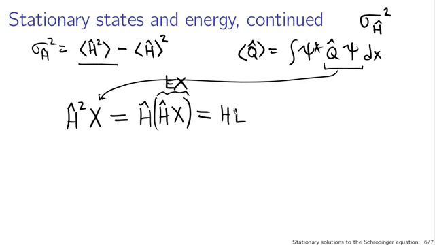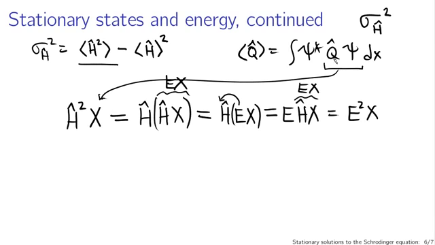So this is H acting on E psi. There's nothing special about E, it's just a number, so I can pull it out. The Hamiltonian operator won't do anything to that number. I'm left with E and H hat acting on psi, and again, H hat acting on psi is E times psi. So I end up with E squared times psi.